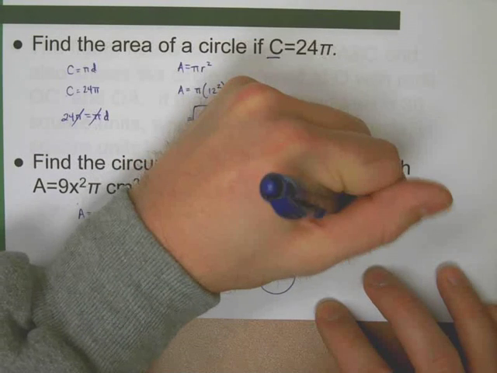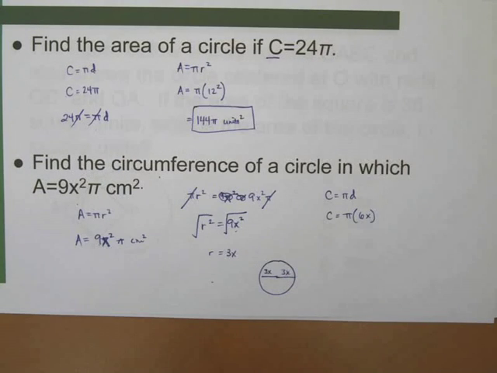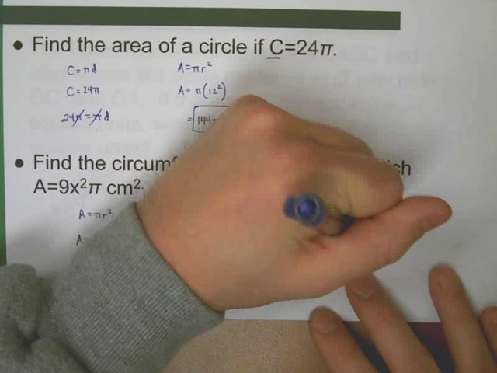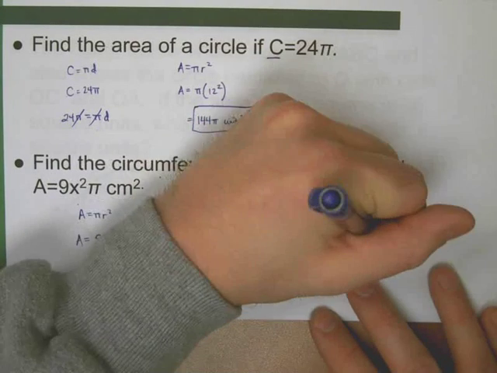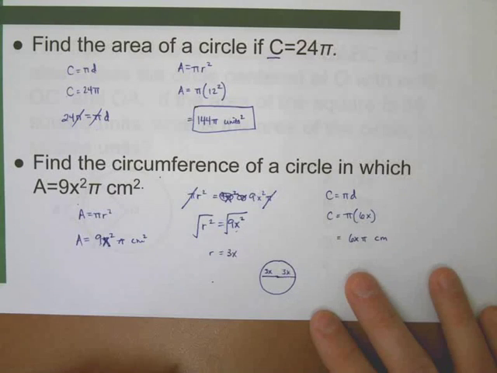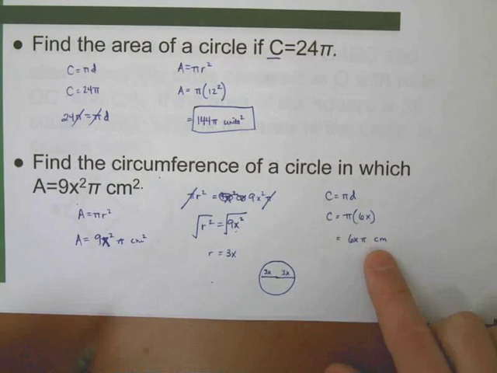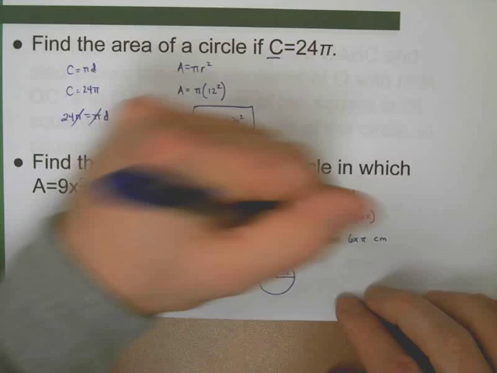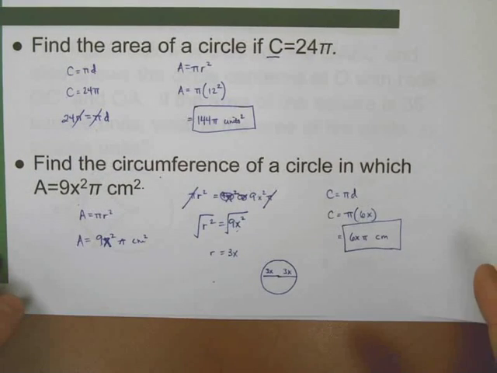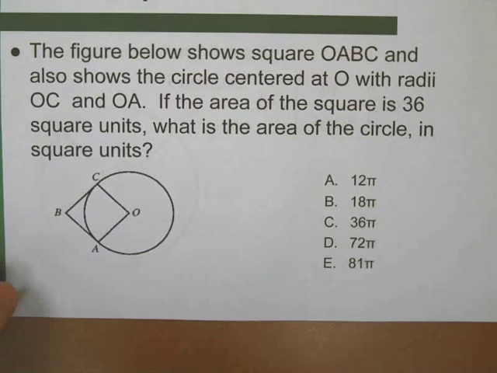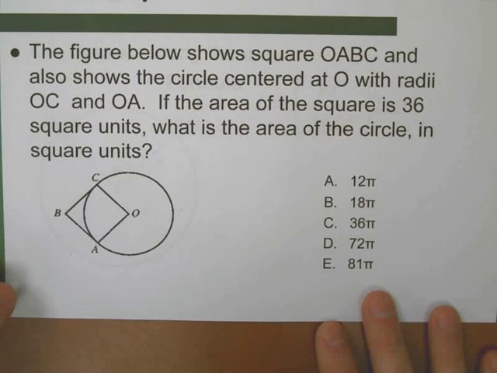So I put a 6x in for the diameter, and I notice that then typically we put the pi at the end. Circumference is not area, so I'm not going to square it. It's just how long around it. What's the perimeter of it? It's 6x pi centimeters.